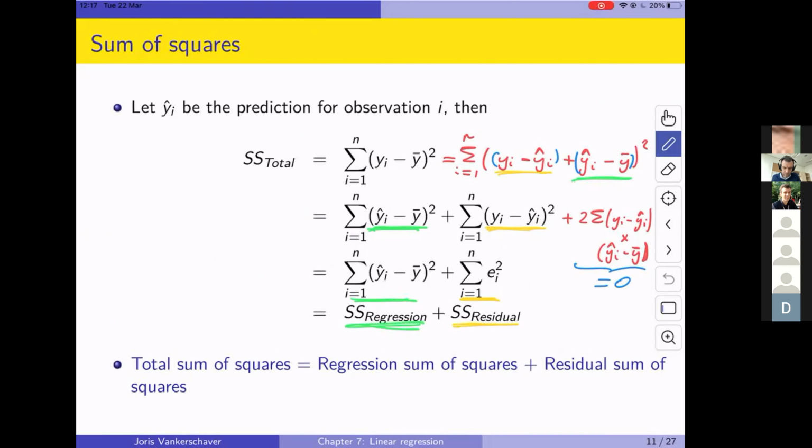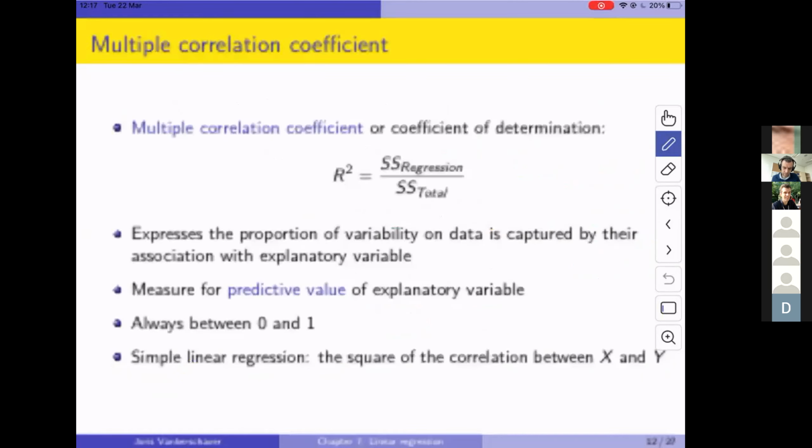Well, if we do that, the regression sum of squares tells us a bit how tightly are my predictions clustered together. The total sum of squares is basically all the sources of variation. So not just, okay, how tightly are my predictions clustered together, but also how much variability do I have beyond my regression line.